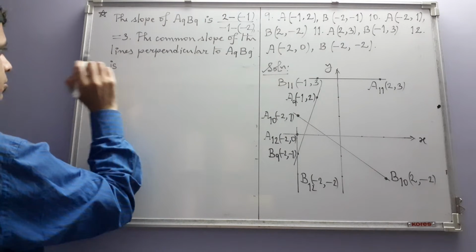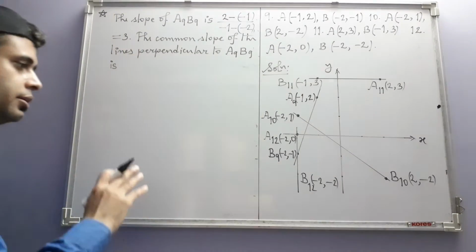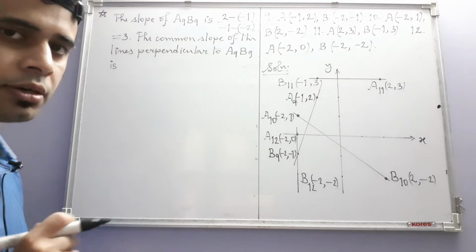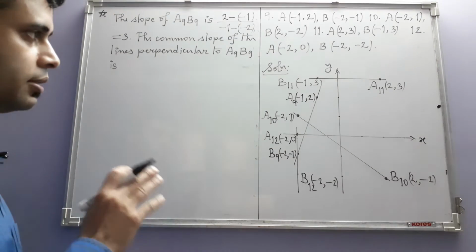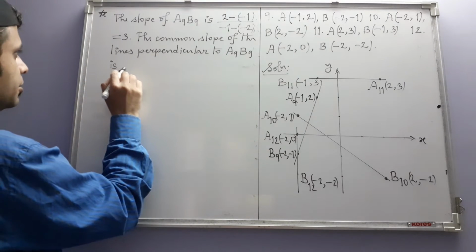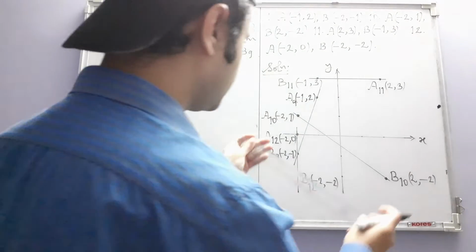It is the negative reciprocal, because when we multiply the slopes of two lines that are perpendicular to each other, that product is -1. So it will be -1/3, which is understandable also.